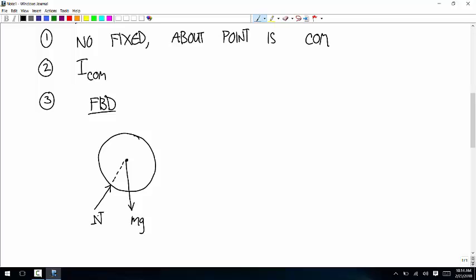If there wasn't a friction force, it would just slide down, it wouldn't rotate at all. So that friction force is what makes it turn, and that has to be acting in this direction, parallel to the surface. I'll just call that FF. Any other forces? That's it.